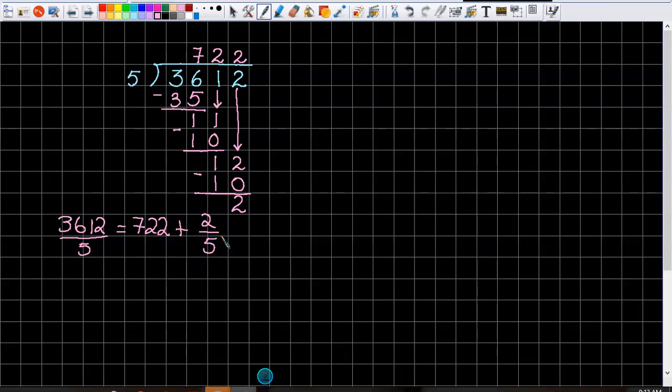Would you also agree with me that this statement would be true, that 3,612 equals 722 times 5, plus 2, because that is our remainder. Correct?